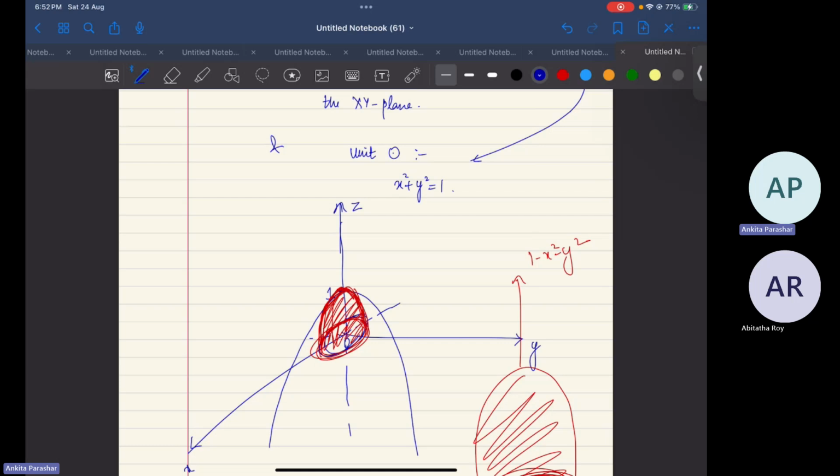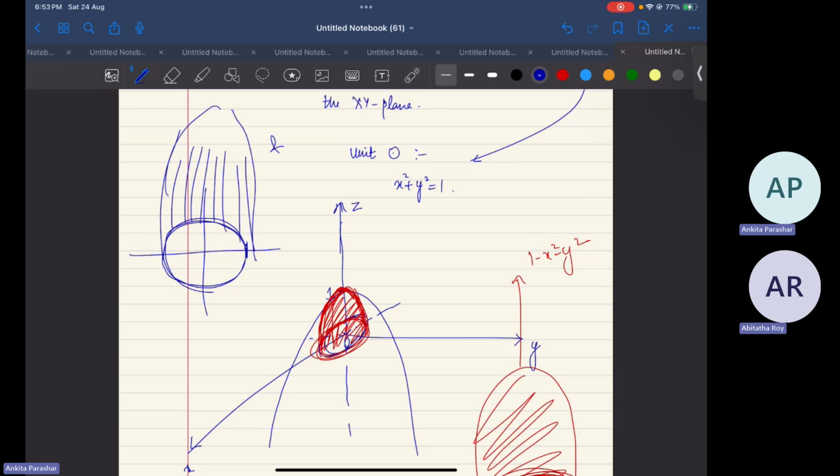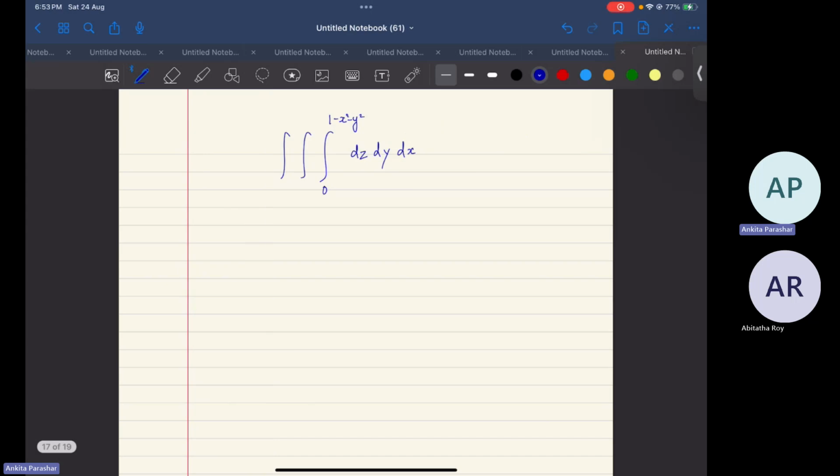It's a complete circle, remember? So in the xy plane, we have this. And you are just uplifting this to get a parabola kind of thing, like that, somehow. So the limits depend.